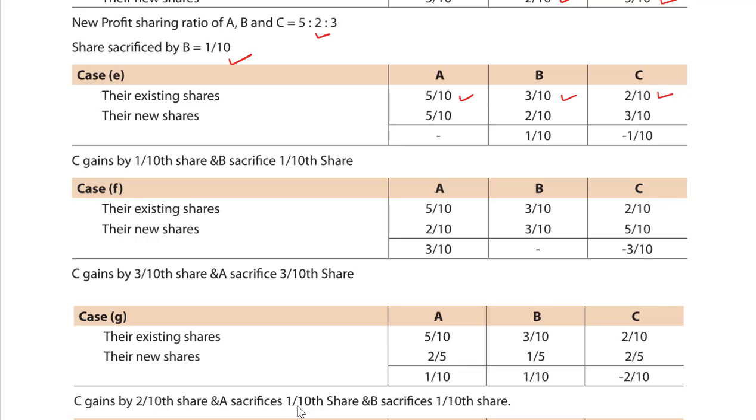In future they want to share in the ratio of 5 is to 2 is to 3. So 5 by 10, 2 by 10, 3 by 10. There is no change in case of A. In case of B, B's old share is 3 by 10 and new share is 2 by 10. So B's sacrifice is 1 by 10.